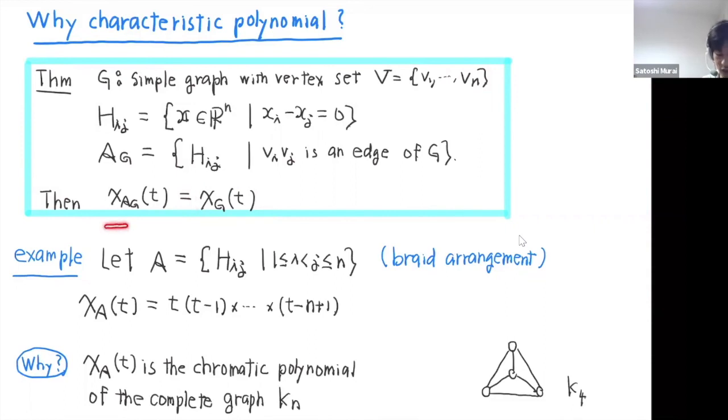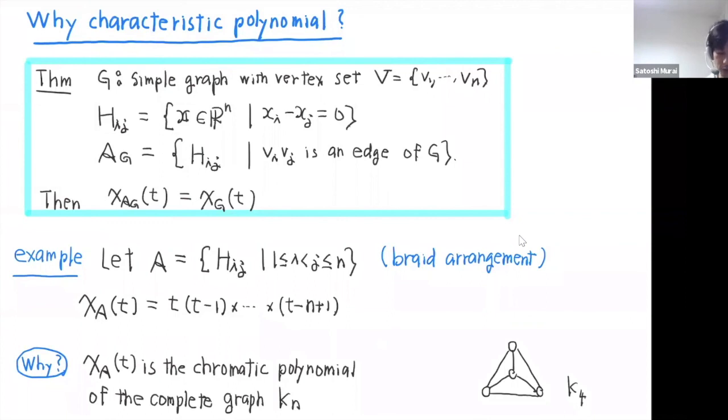This is a very surprising result because the two definitions of these polynomials are very different. This also shows that the characteristic polynomial of an arrangement actually contains the chromatic polynomial of a graph. The chromatic polynomial of a graph is itself a very interesting object to study, and it's a very special case of the characteristic polynomial of an arrangement.